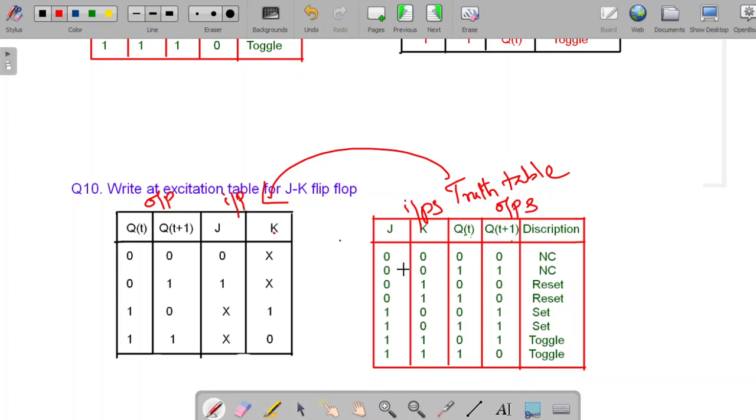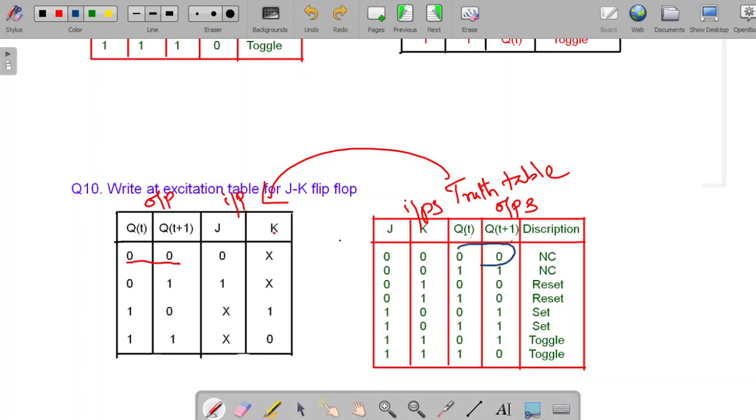Now we'll see. Here we have the first combination 0 0, that means present state is 0, next state is also 0. So we'll check for what conditions we have 0 and 0. Oh sorry, we have to go for this.